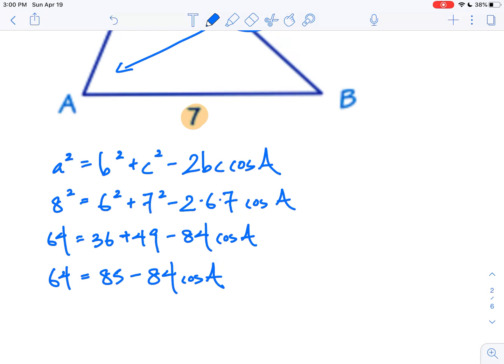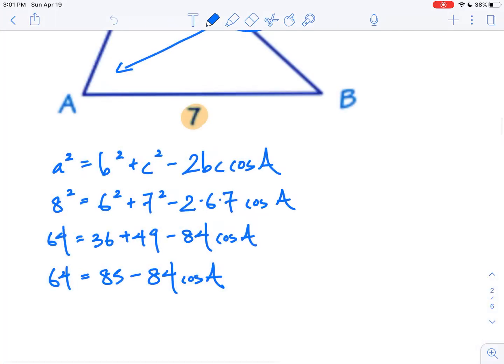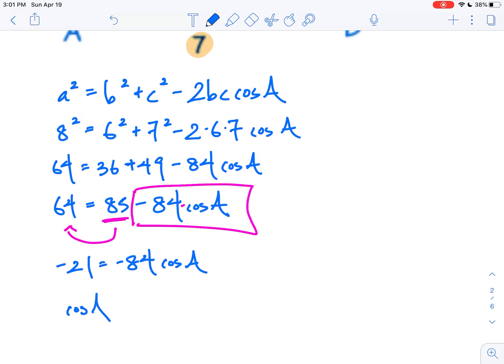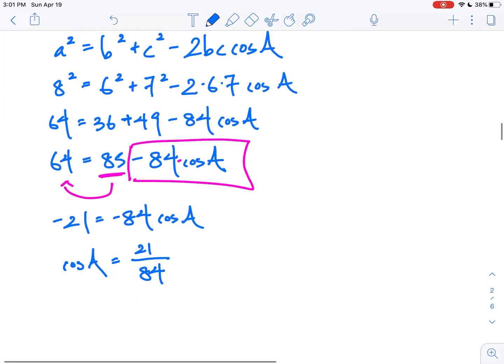All right, now our order of operations is actually the same as the last example, which means that I have to take this, move it to the other side, because I would have to do this multiplication before that subtraction. So I'm going to subtract the 85. I get negative 21 equals negative 84 cosine A. And so I'll get cosine A equals 21 over 84.